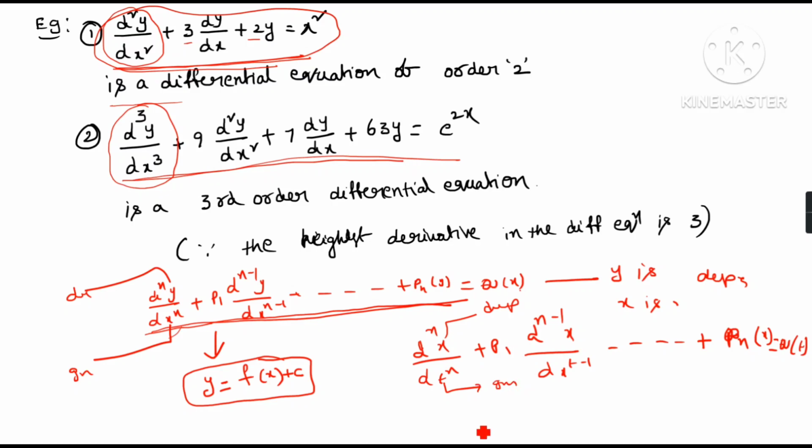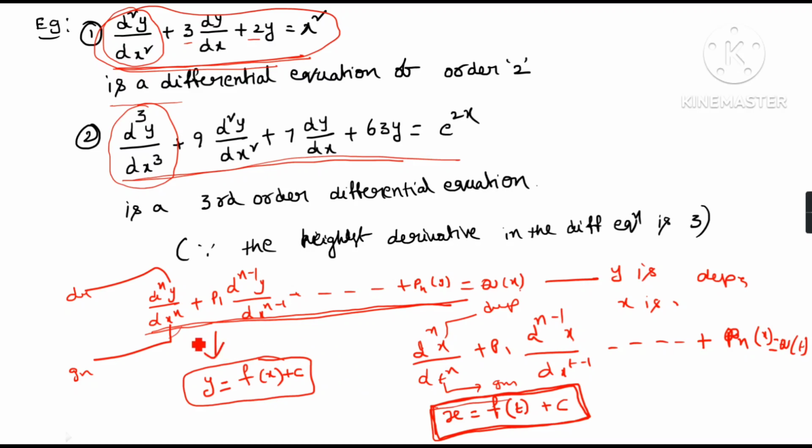So what is the solution for this equation? For this differential equation, the solution is the dependent variable equals something in terms of the independent variable plus an arbitrary constant. This is the general solution. We call it the general solution of the differential equation, of the form dependent variable equals something in terms of the independent variable.